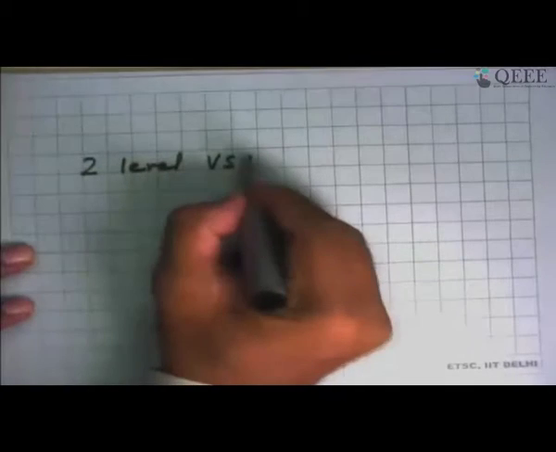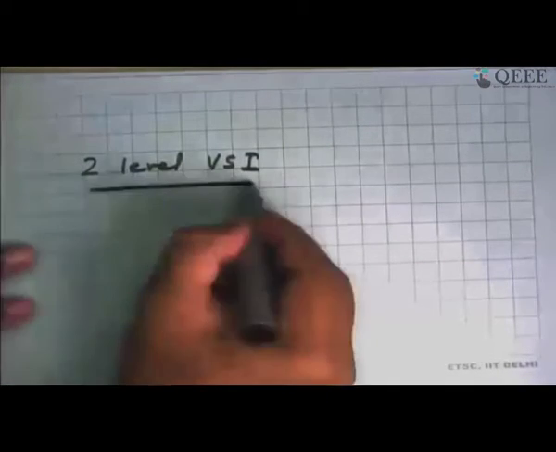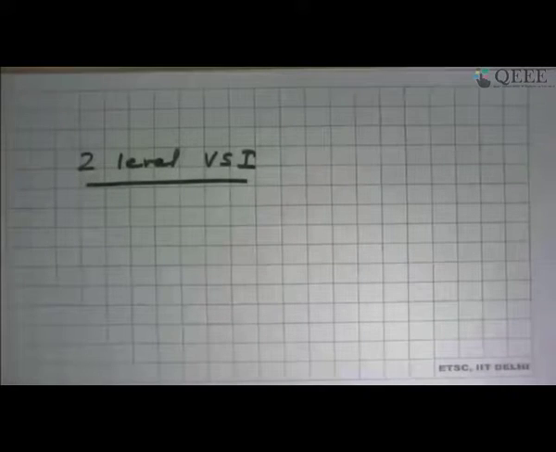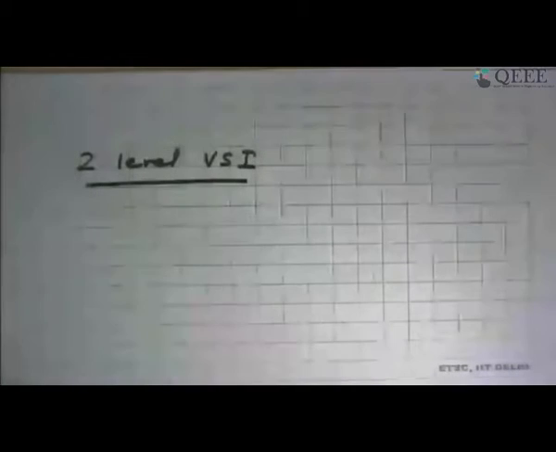So when we are talking about a three-phase half-bridge inverter, another name for that is two-level VSI. Why is it called two-level? Actually, this level is decided by the possible states.